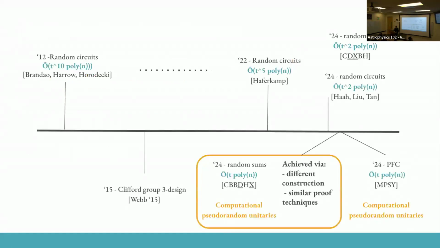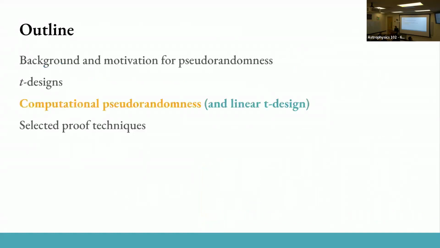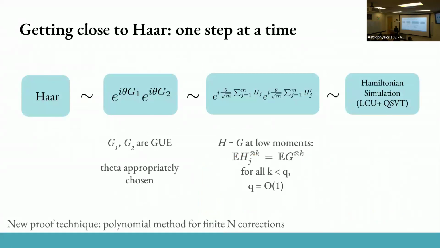Sorry, just on the previous part, why was it only T squared? Could you explain where the T squared comes from? Oh, yes. Intuitively, this comes from the limitations of convergence due to the central limit theorem.